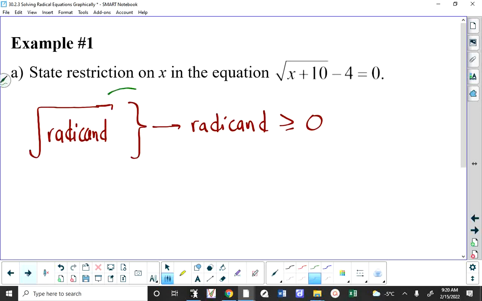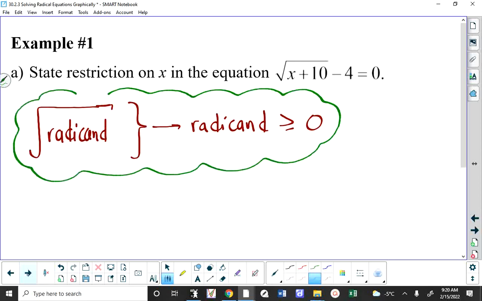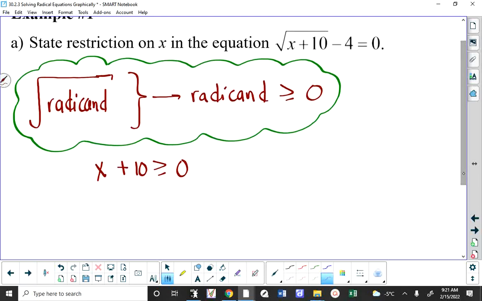Well, if this is the case, and you look at that equation, then it means in this case x plus 10 must be greater than or equal to 0. And that's a very simple inequality for us to solve. It's a linear inequality. You just rearrange it for x, and we end up with the statement that x must be greater than or equal to negative 10.